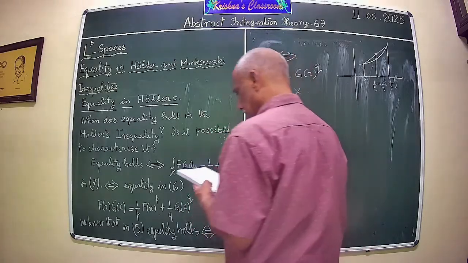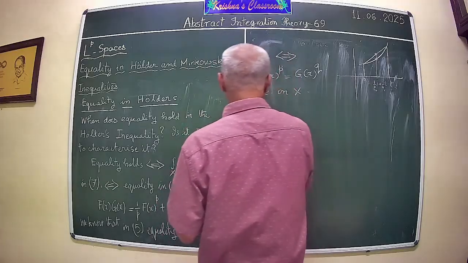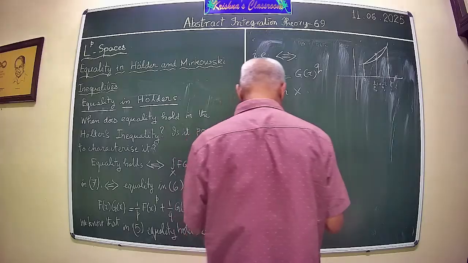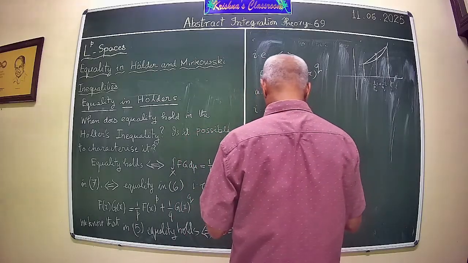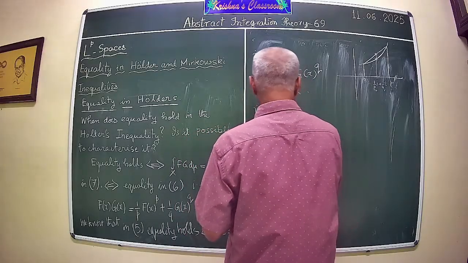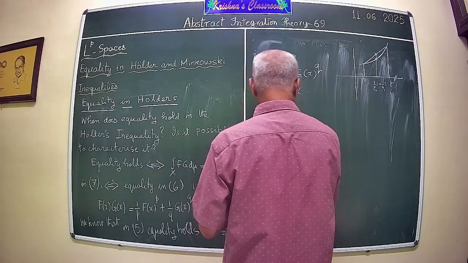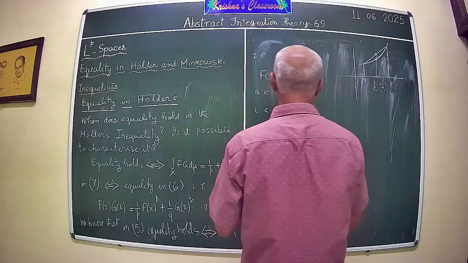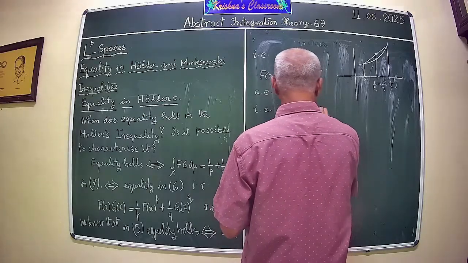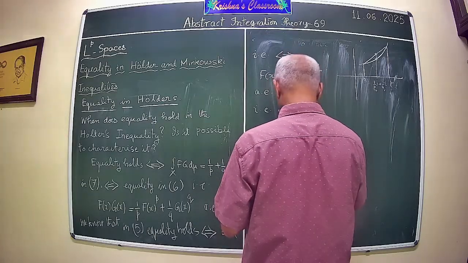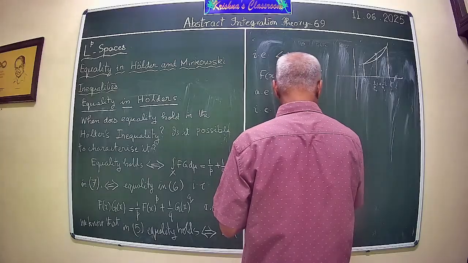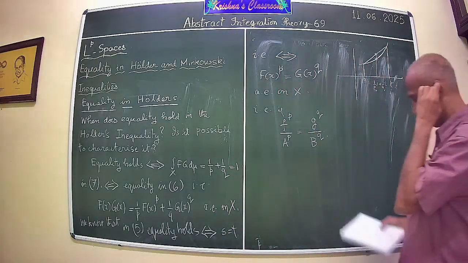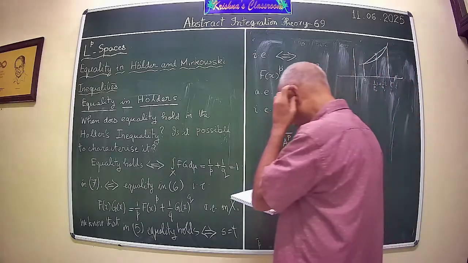And what does this mean? That is, f to the power p by a to the power p equal to g to the power q divided by b to the power q.